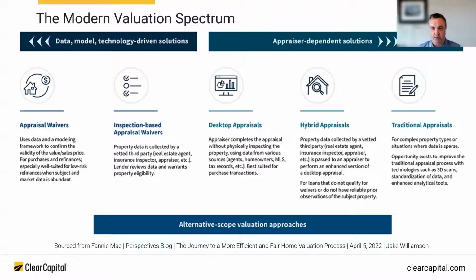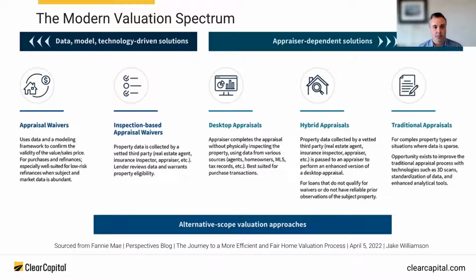And we've got our desktop appraisal, which we're going to go into detail on today. That is an appraisal where the appraiser is not physically inspecting the property. It would move upwards to our hybrid appraisal, where someone does a property data collection and that information is passed on to the appraiser.